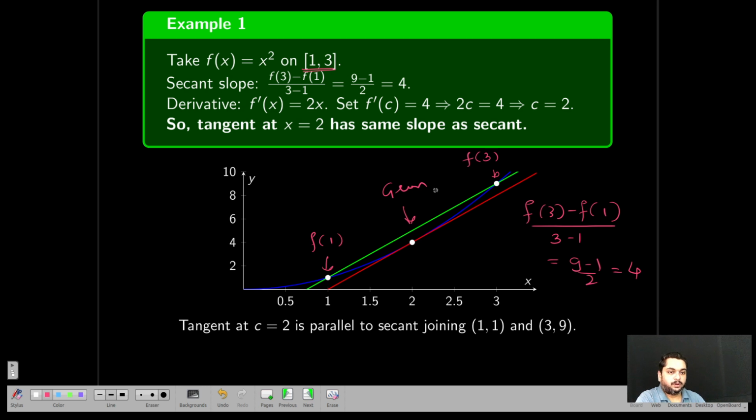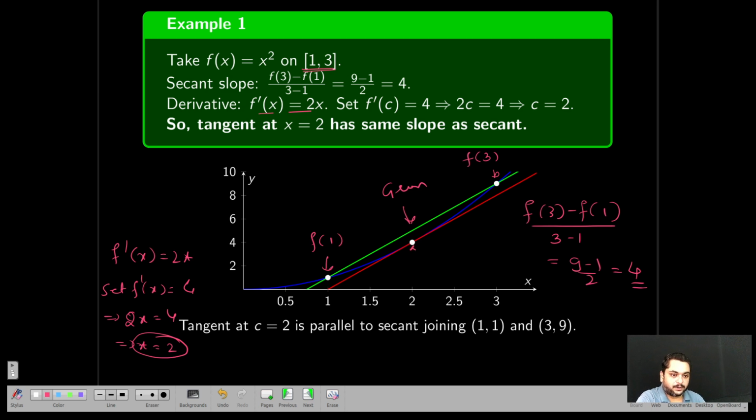Now, what does this 4 indicate? If we take the derivative, f dash of x is equal to 2x. Set f dash of x equal to 4, because this theorem says so. Then 2x equal to 4 implies x equal to 2, so c is equal to 2.